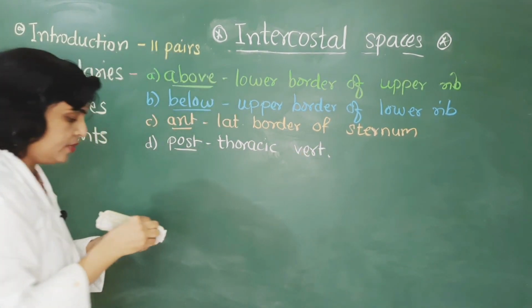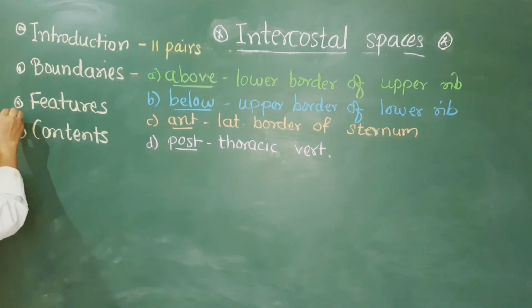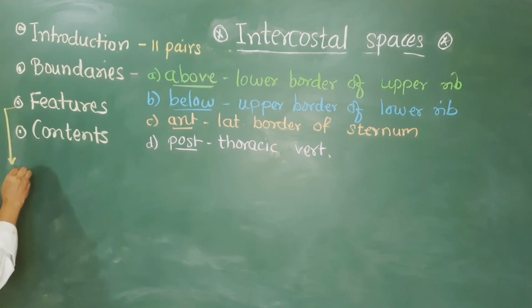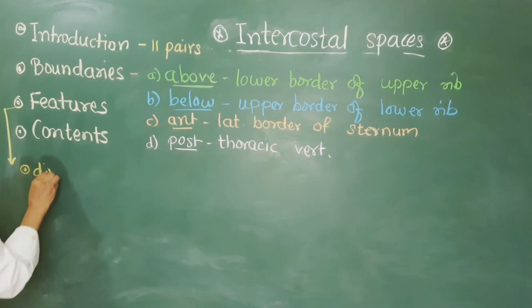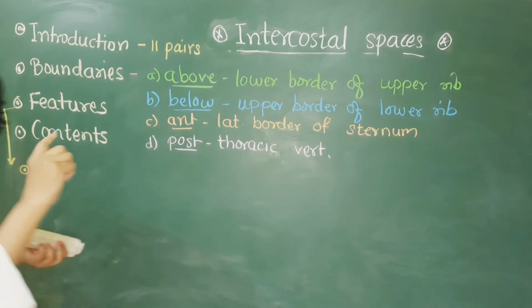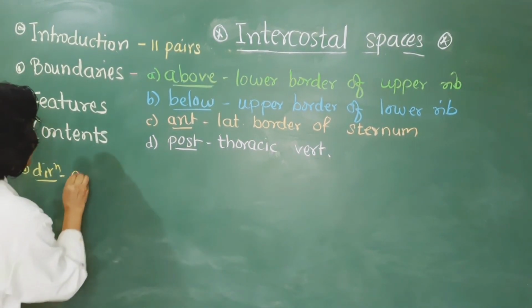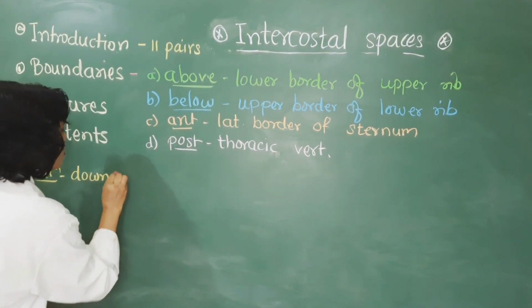Now coming to the features. What are the features of these intercostal spaces? You have already seen the direction. These intercostal spaces are directed downwards and forwards.